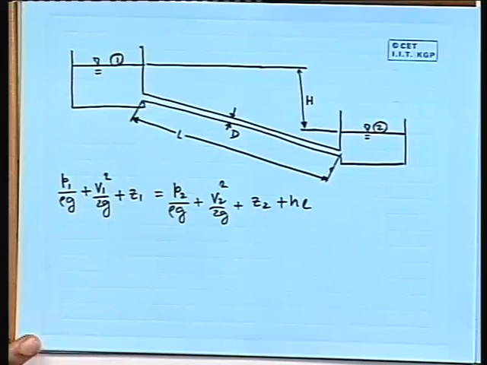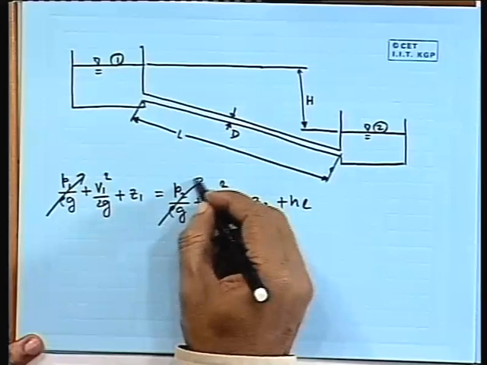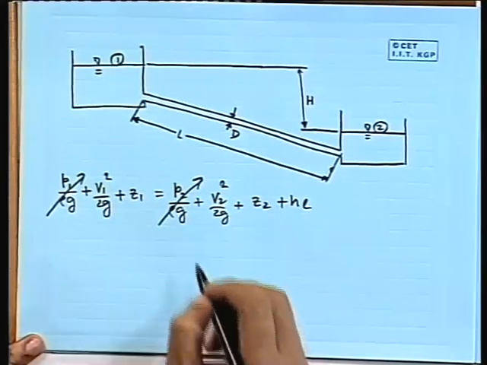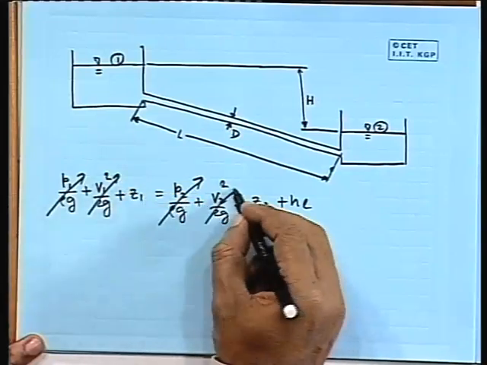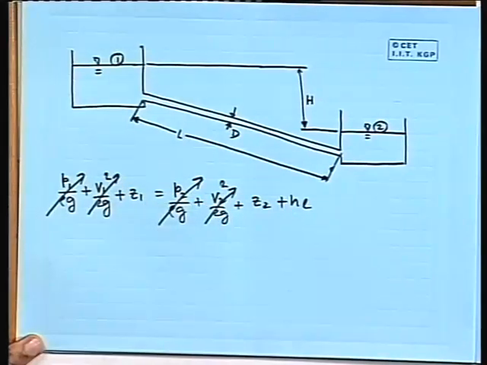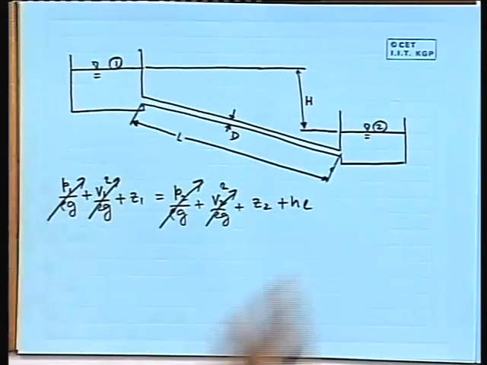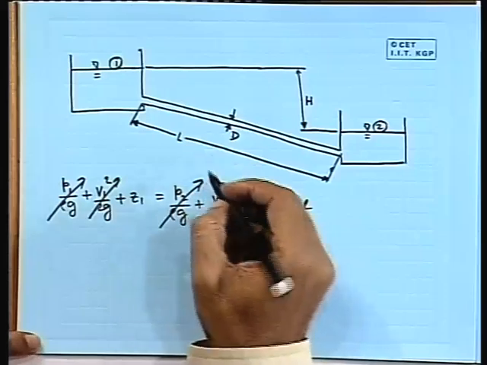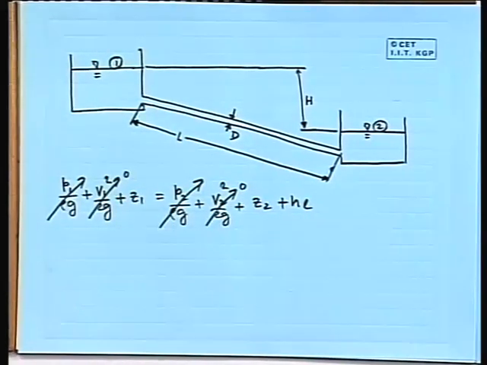So, again these two pressures are same. Okay. These two velocities are negligibly small. How are you concluding the velocity part? Actually, these reservoir areas are very large. So, that is why we are telling that they are negligibly small. So, I am putting 0 approximately.